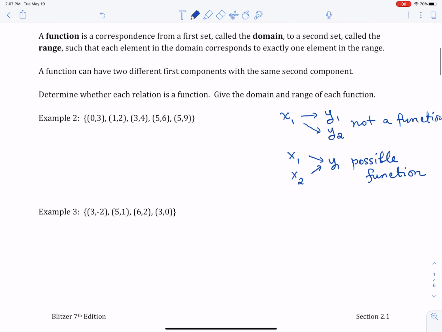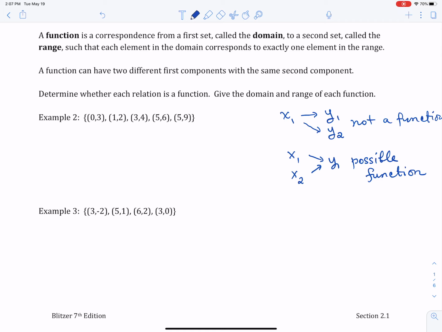So let's check, for example, 2 and 3, which of them is a function and which is not. Well, I notice that in example 2, the domain consists of 0, 1, 3, and 5.